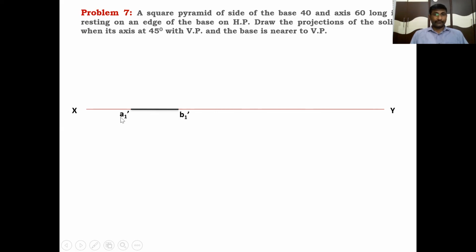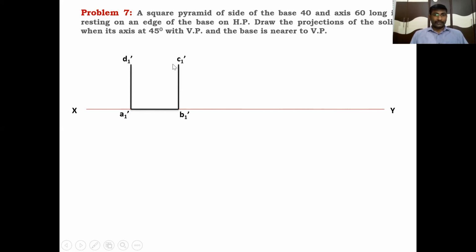These are the front view corners A1 dash and B1 dash, the first stage front view corners. Draw two perpendicular lines to this initial baseline, and the length of the perpendicular lines is also 40 mm, the square side.